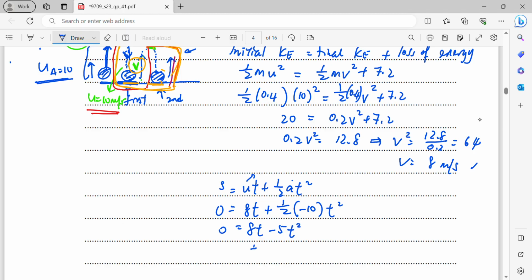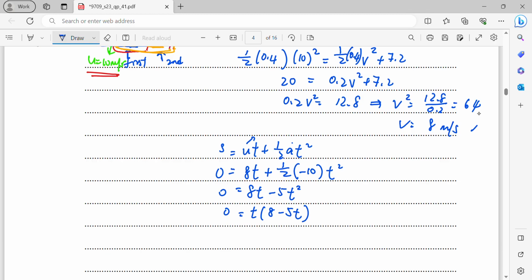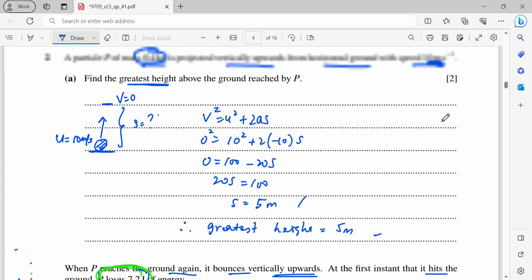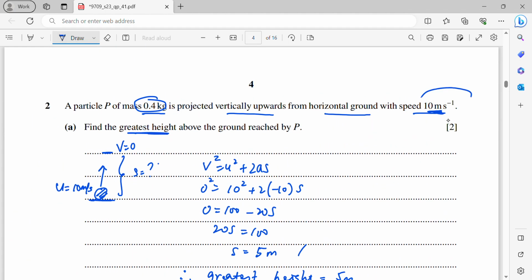Then I can factorize a t. You will get 8 minus 5t times t equals 0. Then from here, my t equals 0, or 8 minus 5t equals 0. Hence, my t is going to be 8 over 5, which is 1.6. Okay, so when you look at the units here, it is meter per second.